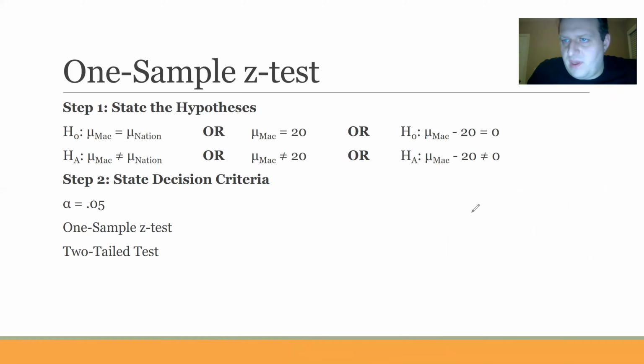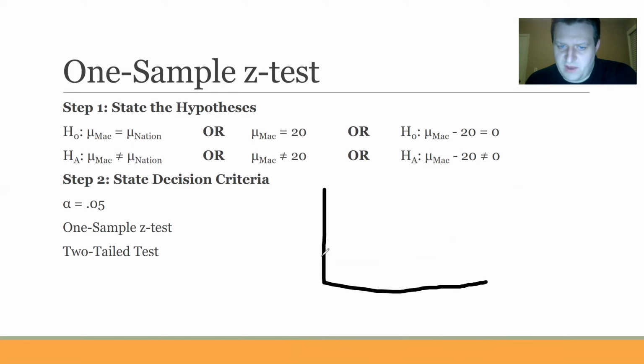So if we have a two-tailed test, here is our standard normal distribution. Kind of beautiful, not really. If this is our standard normal distribution and we have a two-tailed test, we only want to make an error, a type 1 error, 5% of the time.